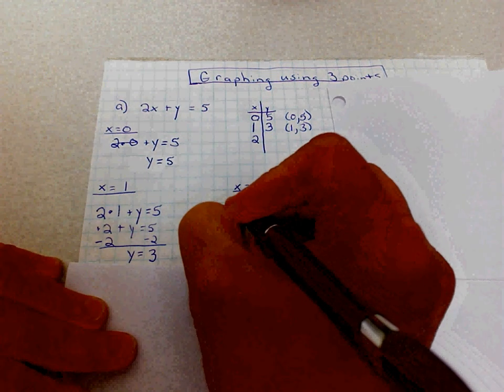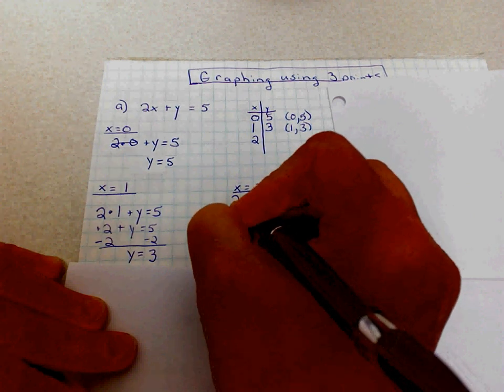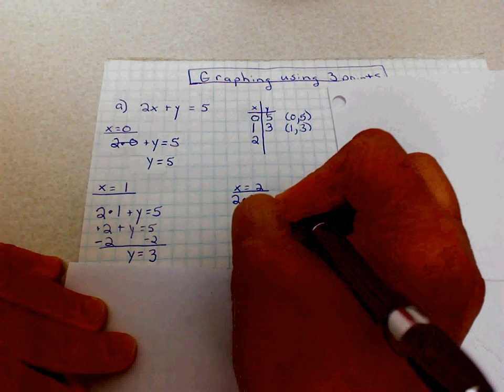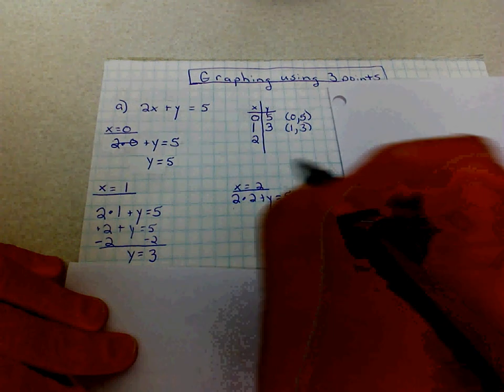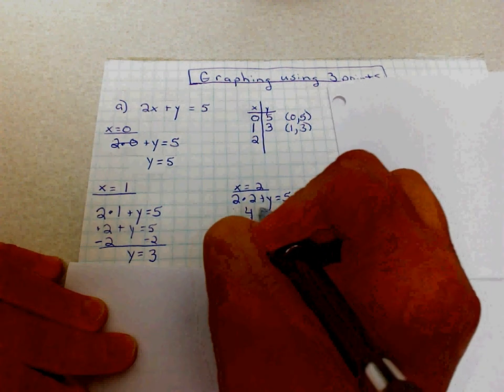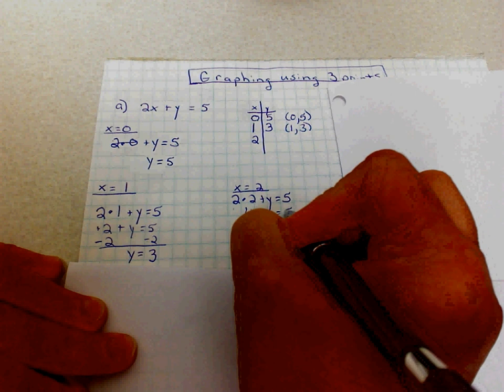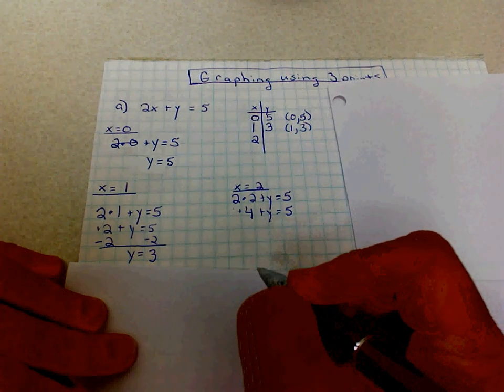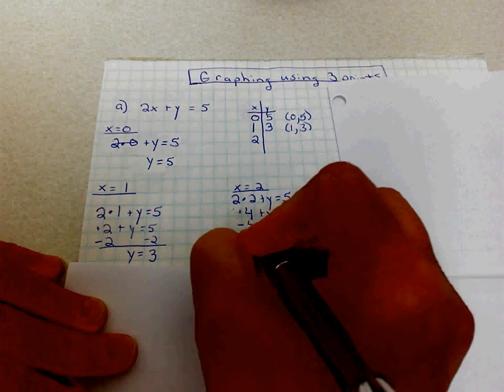Now, when x is 2, we take 2 times 2 plus y equals 5. 2 times 2 is 4 plus y equals 5. Again, the opposite of adding 4 is to subtract 4.